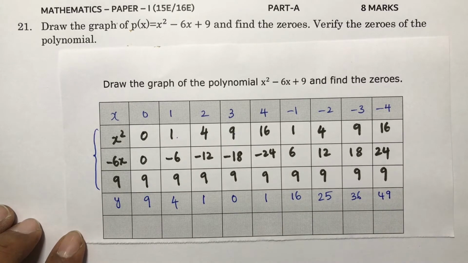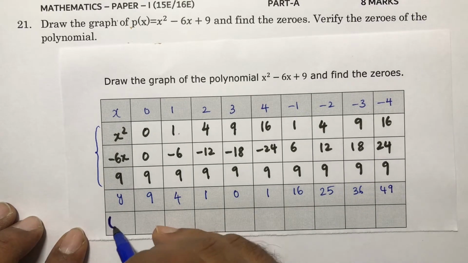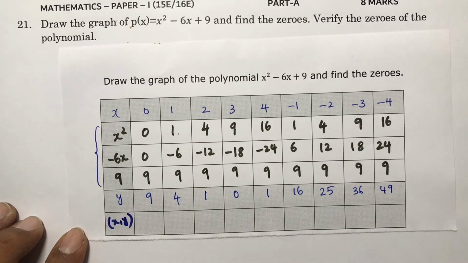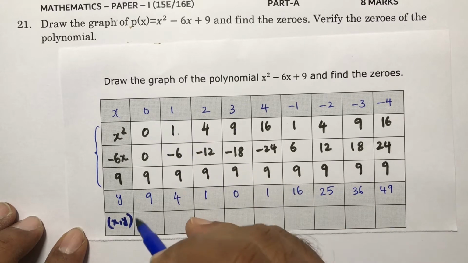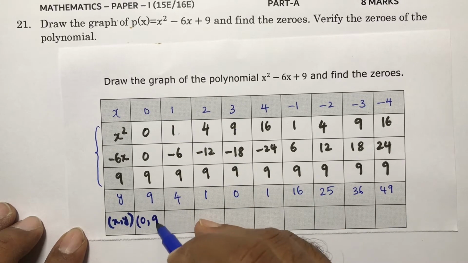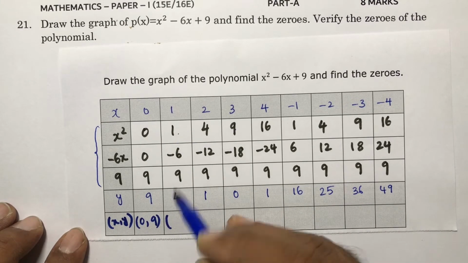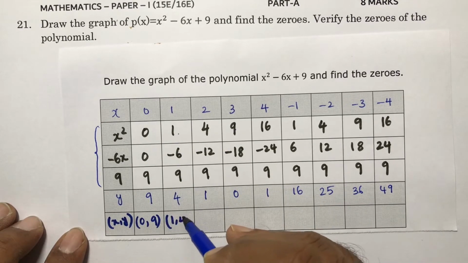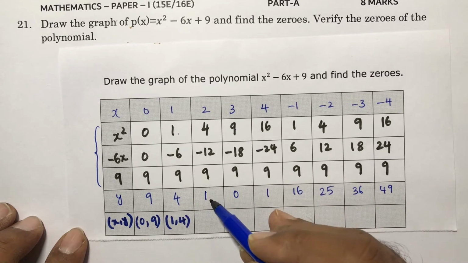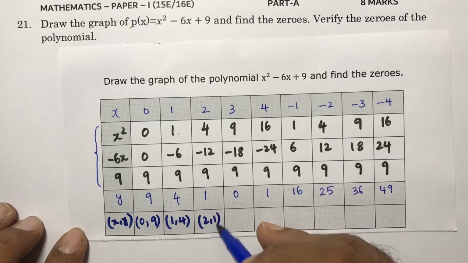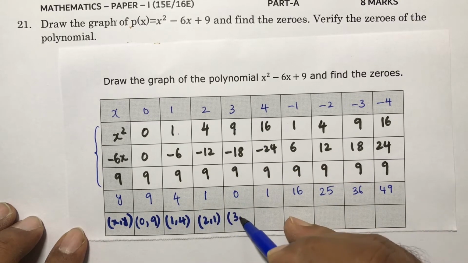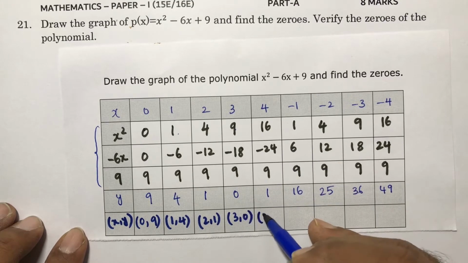Now here you need to plot the values, like so x and y values you can take here. X is 0, y value is 9. X is 1, y is 4. Here 2, 1. 3, 0. 4, 1.